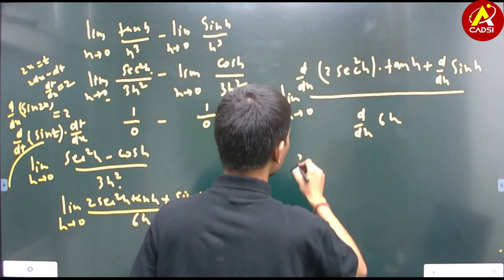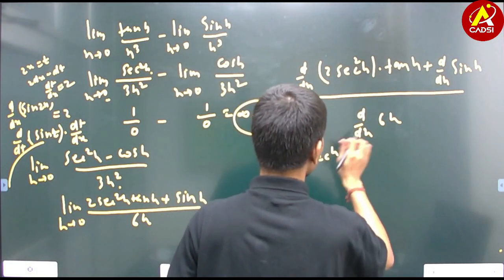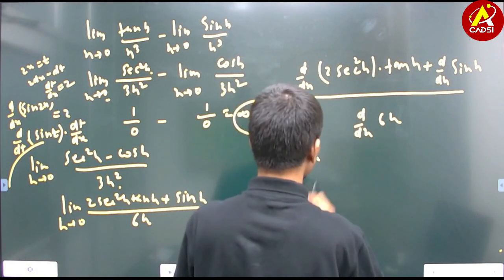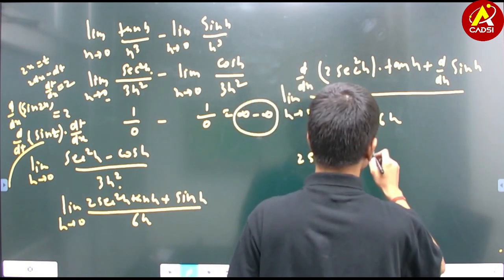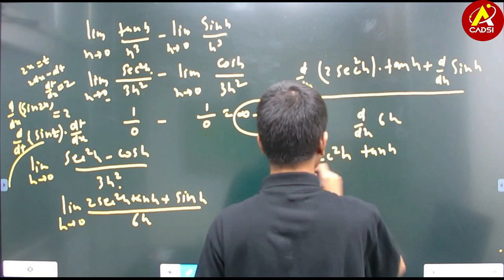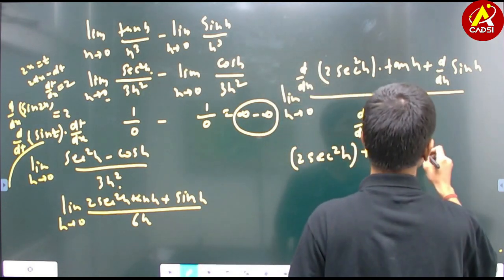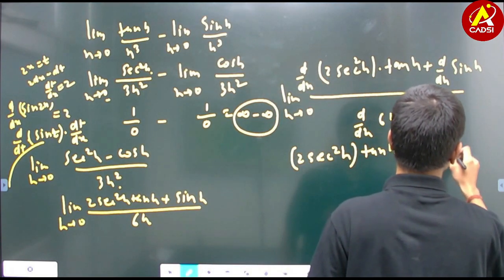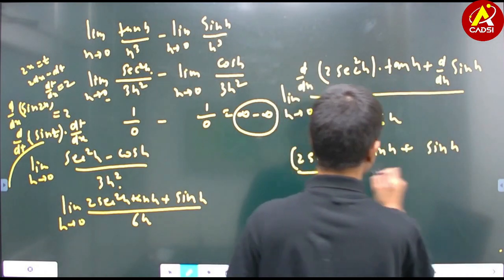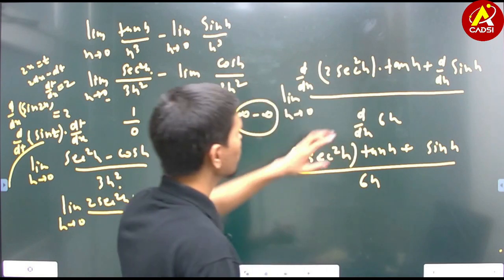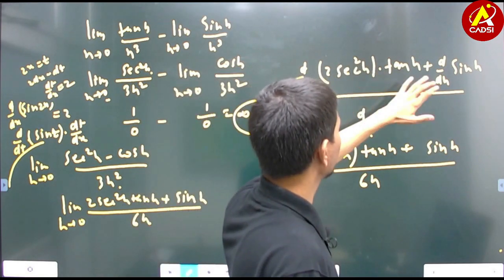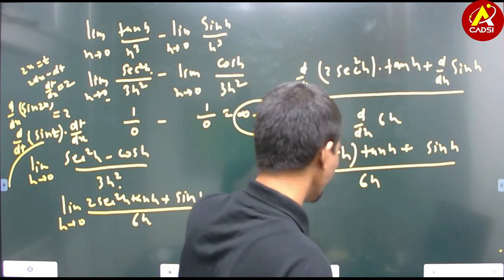So 2 sec square h tan h plus sin h. I don't want to use the product rule in this scenario.